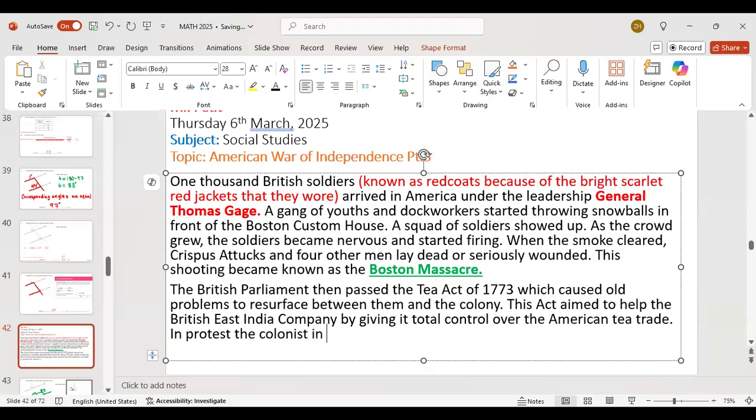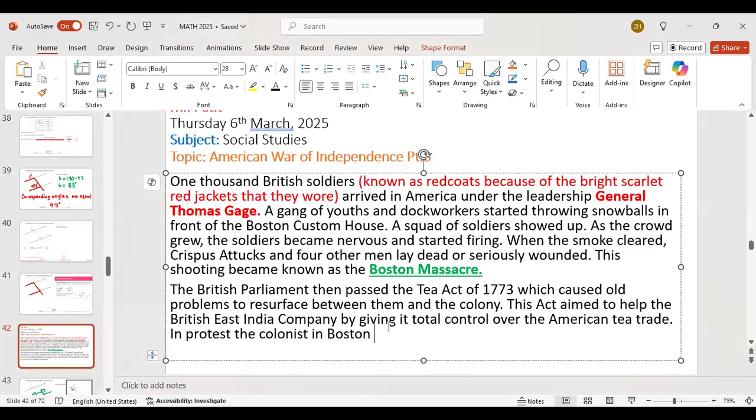in Boston, what did they do in protest to show that they didn't agree with that? They threw the tea off the dock, I think. Exactly. A bunch of tea crates off the dock.